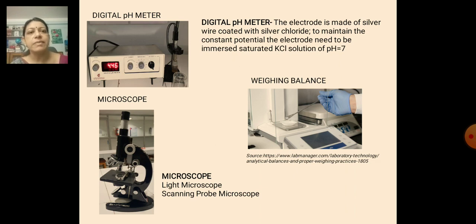Then next comes the microscope. As the name itself suggests, this is the prime requirement of the microbiology lab, and there are different types of microscopes available, which we may discuss later on, because the microscope itself is a big chapter. We should know elaborately about the microscope. Microscopes are used to see the microorganisms and the colonies of microorganisms.